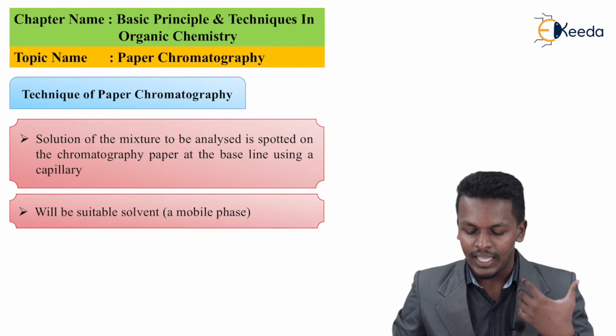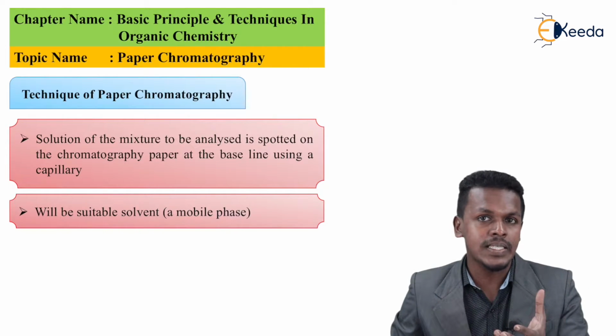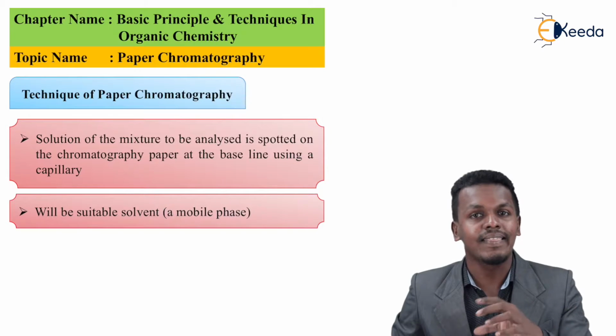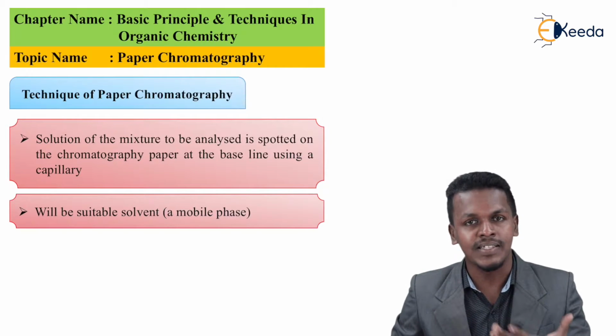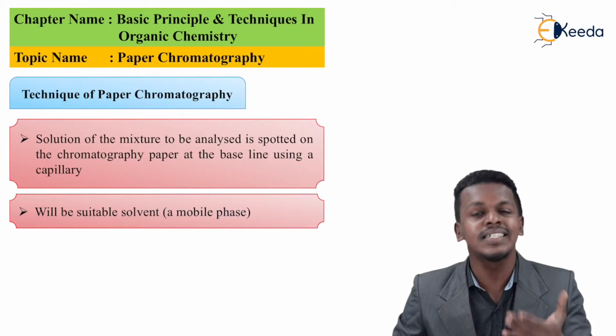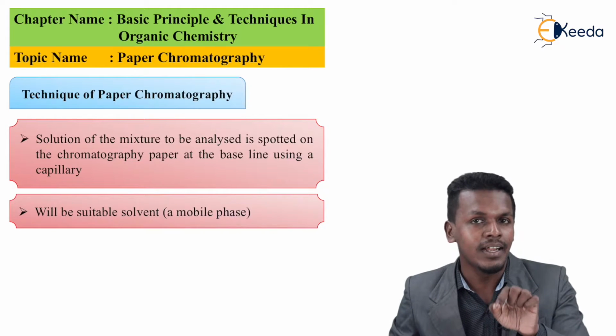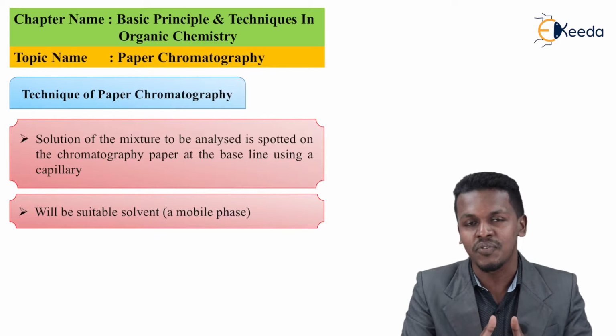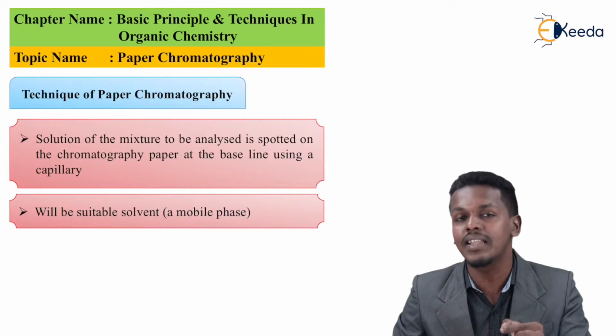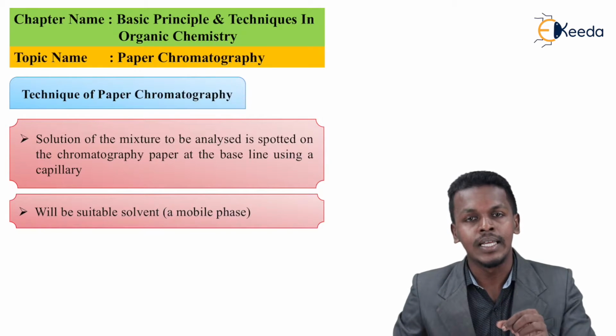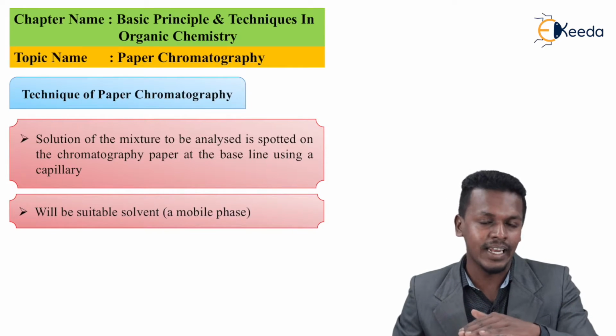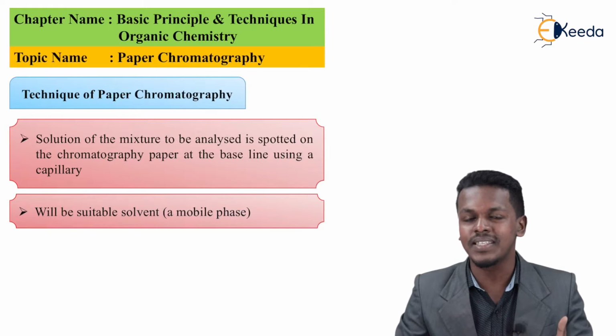After that, we dip this paper in the solvent, which is nothing but the eluent. But since it is a paper, it cannot be directly put in the beaker which contains the solvent. Obviously we have to suspend this paper so that it touches the solvent at the baseline.